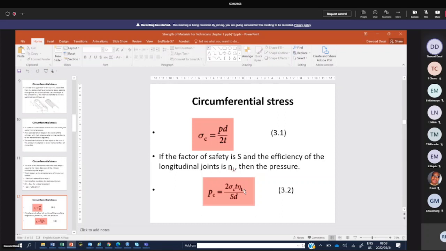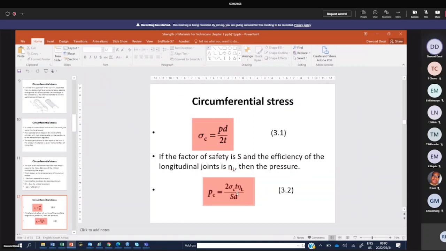That's why you've got to use the efficiency of the longitudinal weld. Sometimes they put bolts there, and those connections have an efficiency, 90%, 80%. 80% will be 0.8, 90% is 0.9. S is your factor of safety. They give you the number 2, 3, 4, 1.5. And D is your internal diameter.